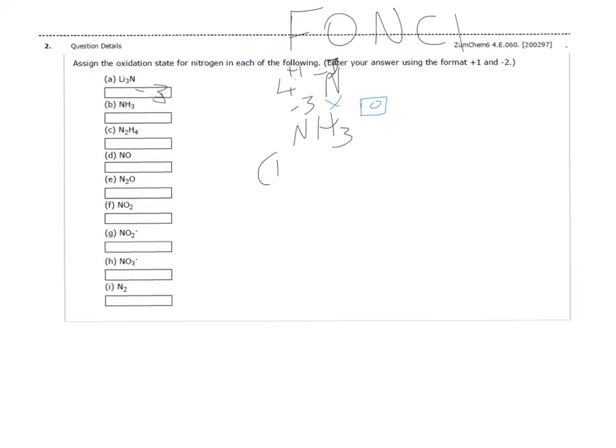1 atom of nitrogen, whose oxidation state is known to be, actually we don't even need to figure this out. In the question they only need the oxidation state for nitrogen, which is -3. But let's say you wanted to figure out hydrogen's. 3 atoms of hydrogen, whose oxidation state is unknown, we'll call it X, should add up to the overall charge of the compound, which is 0.